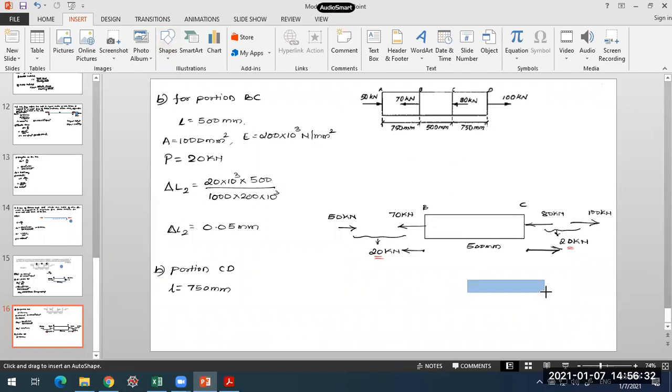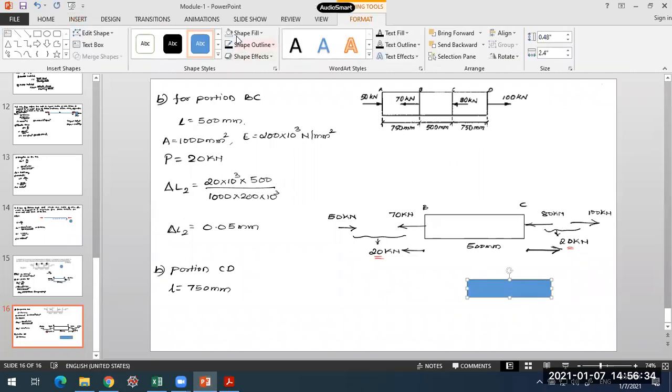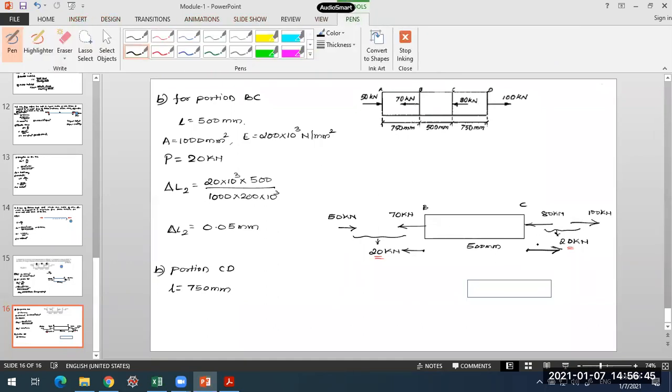Clearly from one end, I can write that the net force is 100 kilonewton tensile. This is the force on the right side, 100 kilonewton away from the bar, indicating that on the other end also it should be 100 kilonewton towards left, away from the bar. So it is subjected to a tensile force of 100 kilonewton.